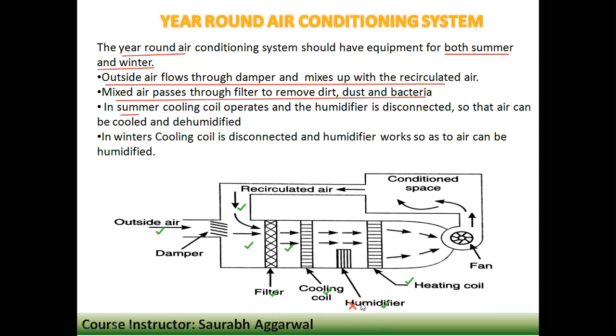Why? Because we want to dehumidify the air, so we only activate the cooling coil, due to which all the moisture that is there is condensed by the cooling coil and discarded from the system, and the cold and dehumidified air passes through the heating coil, reaches the desired set temperature, and then it is sent to the conditioned space.